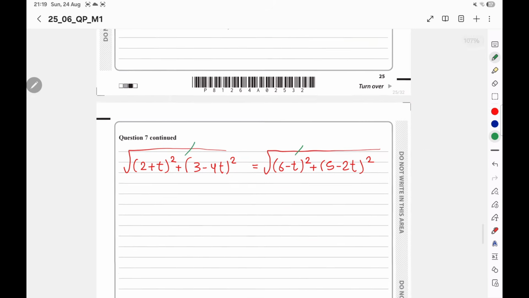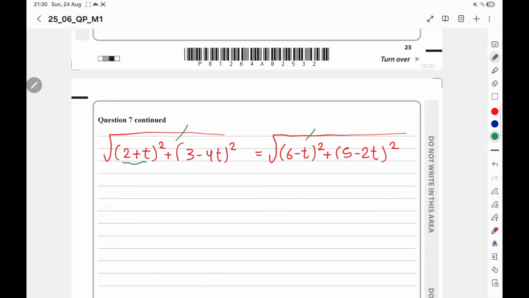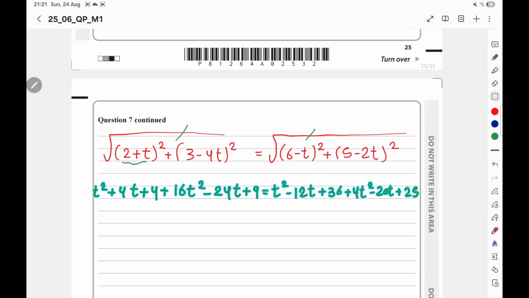Cancel the roots, expand the brackets and find the value of t. 2 plus t squared is t squared plus 4t plus 4. 3 minus 4t squared is 16t squared minus 24t plus 9, equal to 6 minus t squared minus 12t plus 36. 5 minus 2t squared, a lot of steps and expansion, plus 4t squared minus 20t plus 25. Simplify and find the value of t.